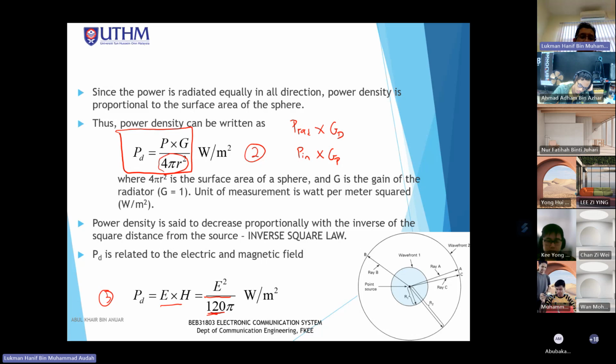This 120 pi also depends on the dielectric constant of the medium. Since we use an air medium or free space, epsilon r has a certain value, and when we measure it, it gives 120 pi. So 120 pi is not a magic number. There's a mathematical definition for this. So we can also use E square over 120 pi. This is the third equation.